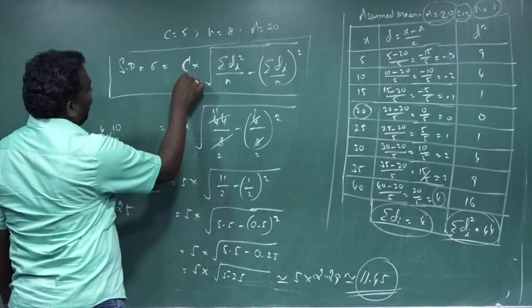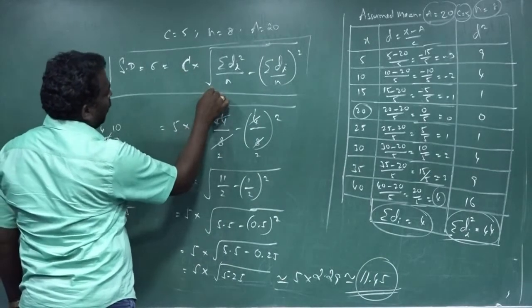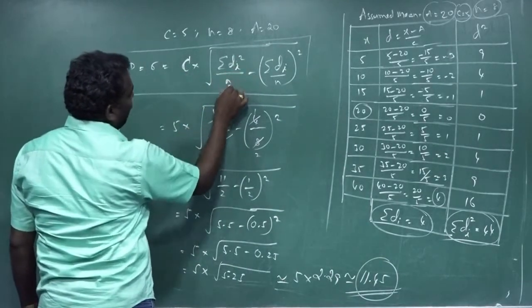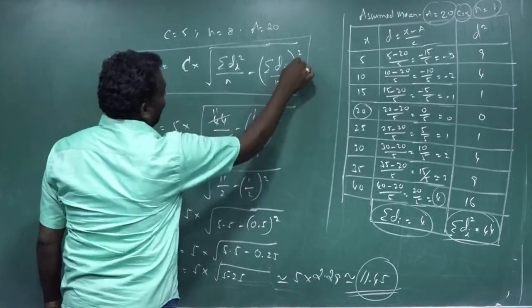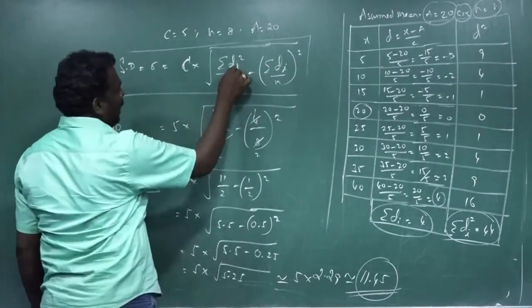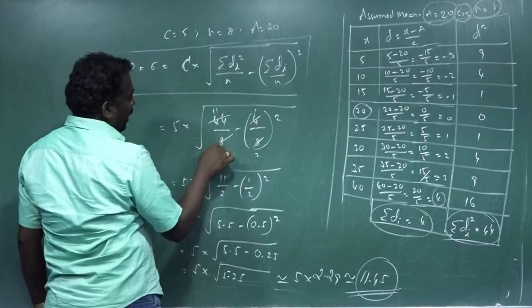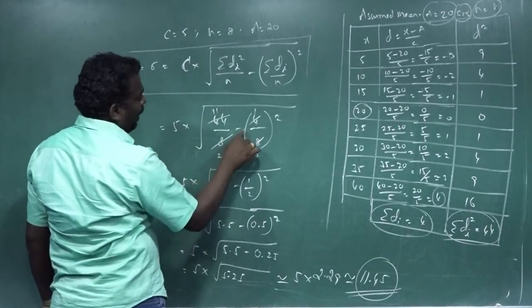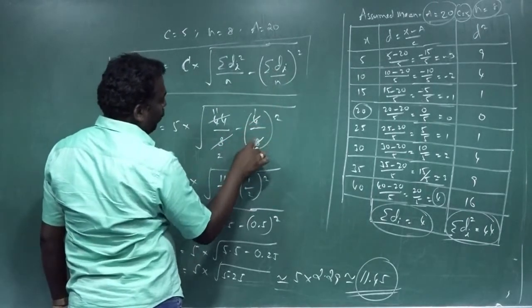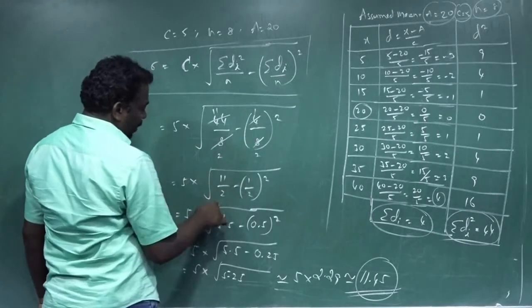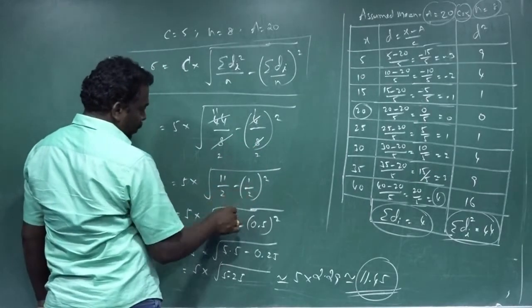The formula for the step deviation method is C into square root of summation dA square by N minus summation dA by N, whole square. Here we obtain dA square equal to 44, N, the number of data, equal to 8, minus summation of dA equal to 4 by N equal to 8. You cancel that: 11 by 2 minus 1 by 2.